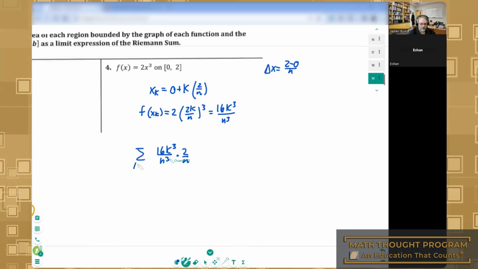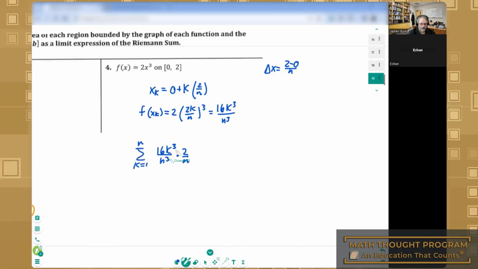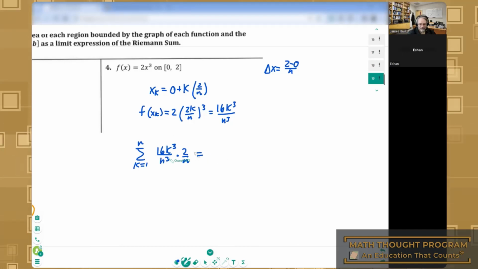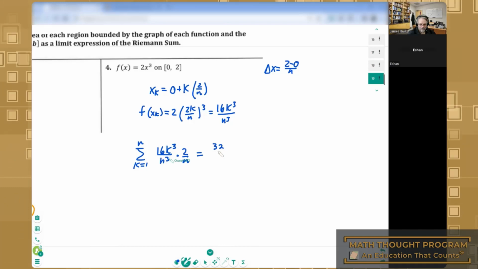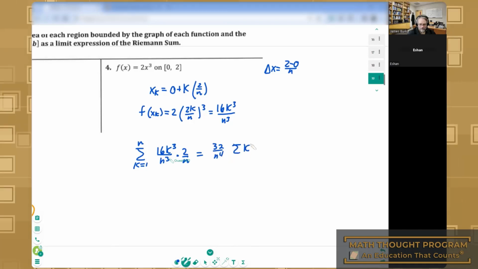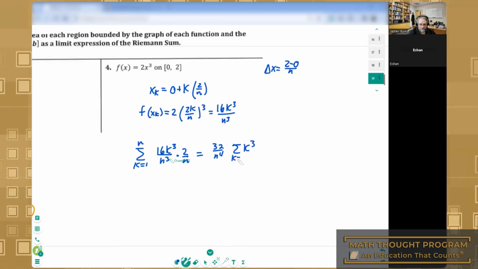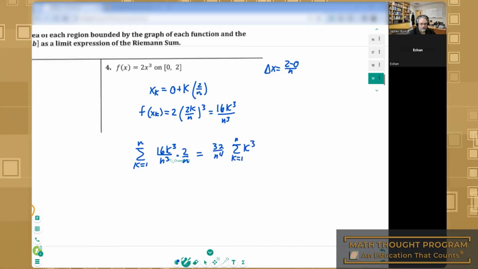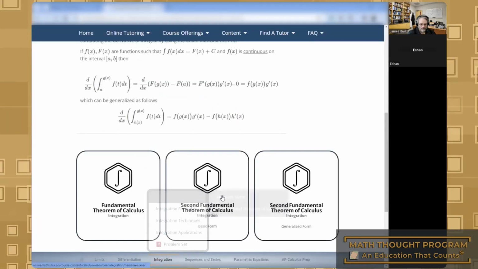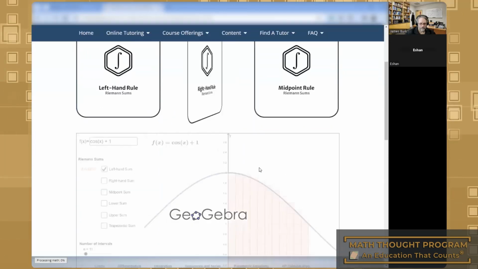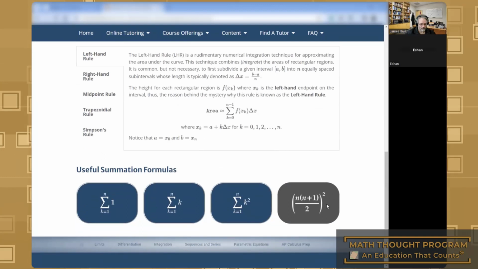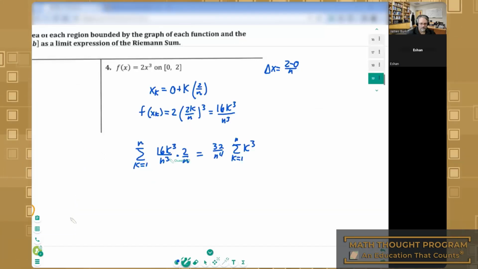And then look at the sum. Start from 1, go up to n. Pull everything out that does not have a k in it. So we're going to have 32 over n to the fourth, summation k to the third. Then what you want to do is come back over here and look up your identity. That's going to be the cubed. Drop that in for the summation.